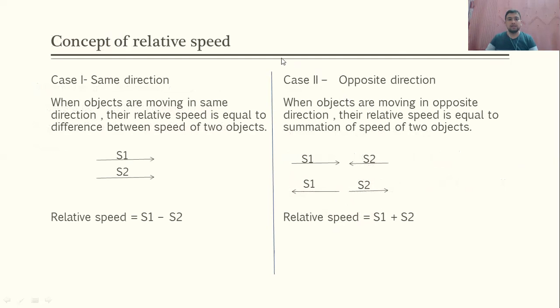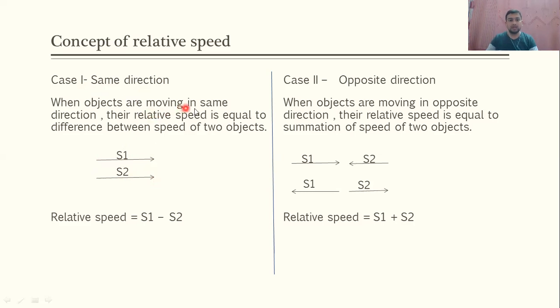Now let us see the concept of relative speed. So first case, let's say there are two objects, both having a different speed. So what will be the relative speed between those objects? Let's say in the first case they are moving in the same direction, like this. Let's say there are two objects moving in the right direction.